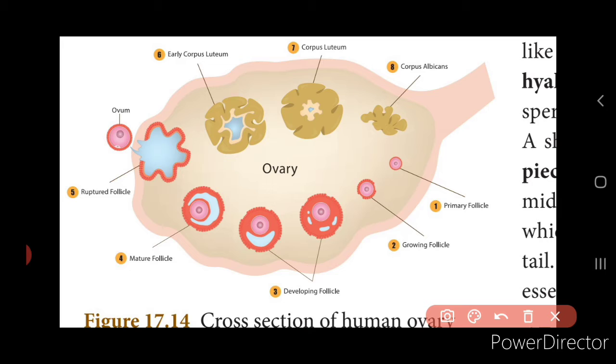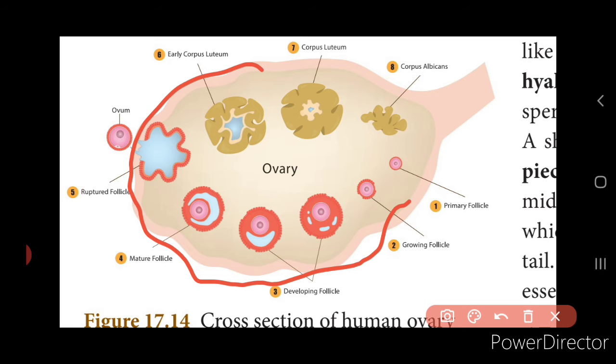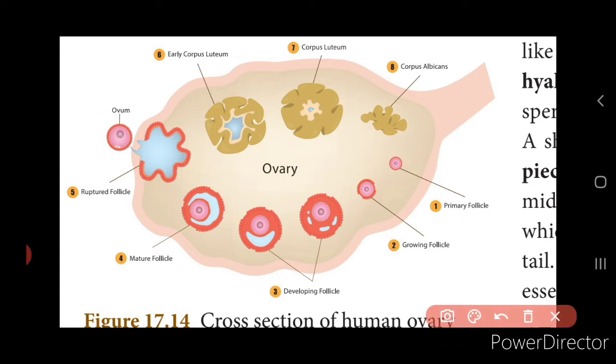Each ovary consists of an outer cortex and an inner medulla, and the cortex consists of connective tissue which is called the stroma. It is made up of the lining, the germinal epithelium cells, and these epithelial cells, which are called the granulosa cells, surround each ovum also.